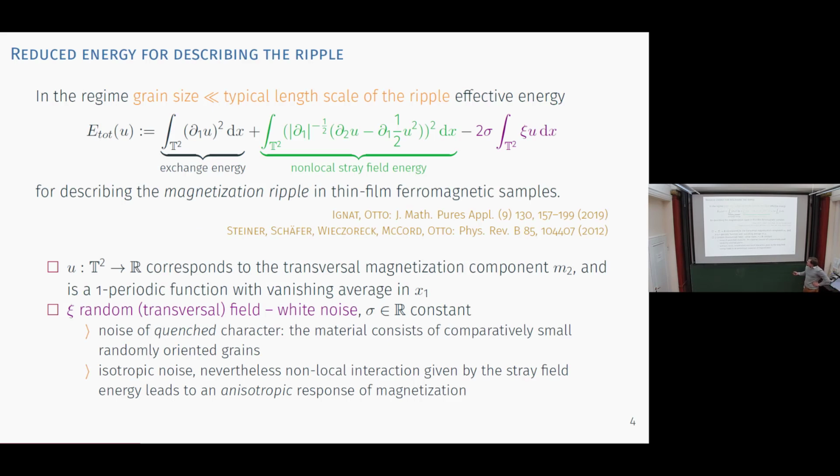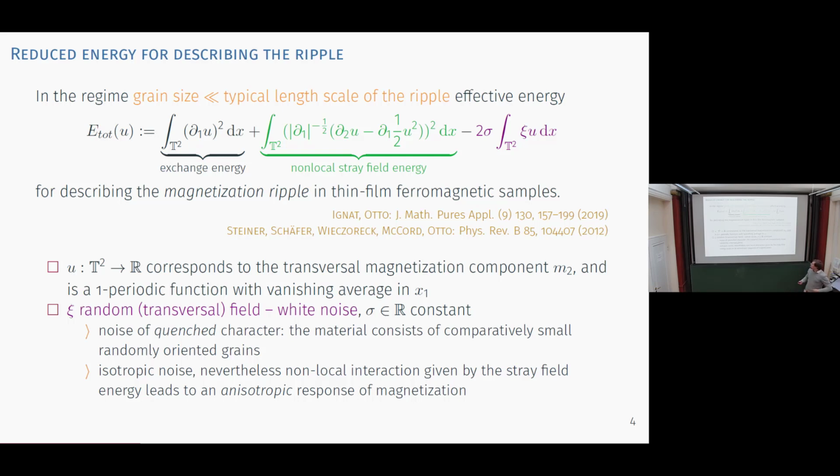Let me stress here that the noise is really of a quenched character, so it's no thermal fluctuation that we're considering here, but really the effects of these randomly oriented grains in the material. It's an isotropic noise, and the model we have in mind is: you use a Poisson point process to throw in points uniformly in the plane, and then do a tessellation by, say, Voronoi cells, and in each of the Voronoi cells you uniformly at random throw in an orientation vector.